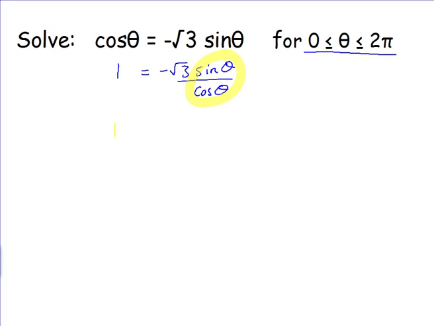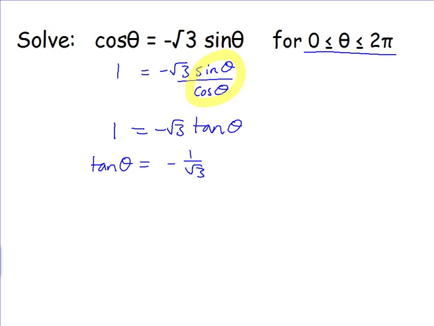Let's try that in a different colour. So we can show that this equation is the same as 1 is equal to minus root 3 tan theta. So in other words, tan theta is equal to minus 1 over root 3.